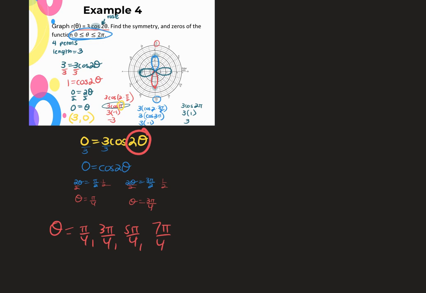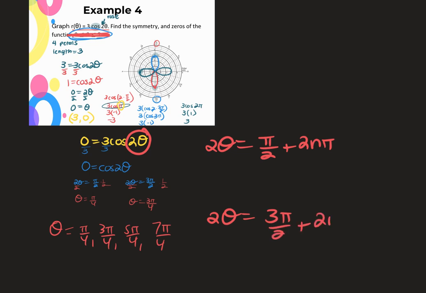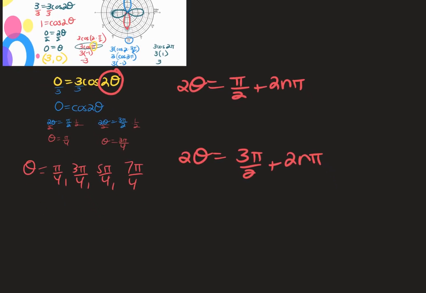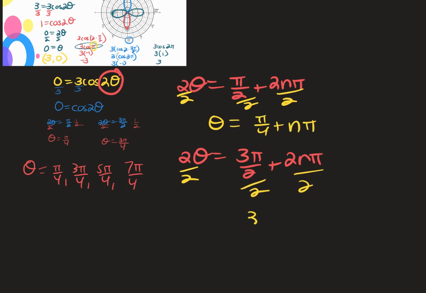Let's say we had found it without the interval. Then my answer 2 theta would have equaled pi over 2 plus 2n pi, and 2 theta would have equaled 3 pi over 2 plus 2n pi. And then both the angle and the interval get adjusted, right? We did these on the last test. This is pi over 4 plus n pi, and this is 3 pi over 4 plus n pi.